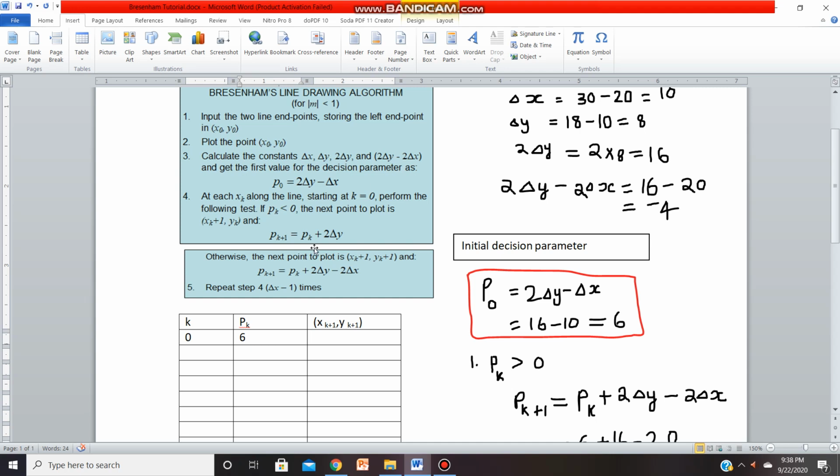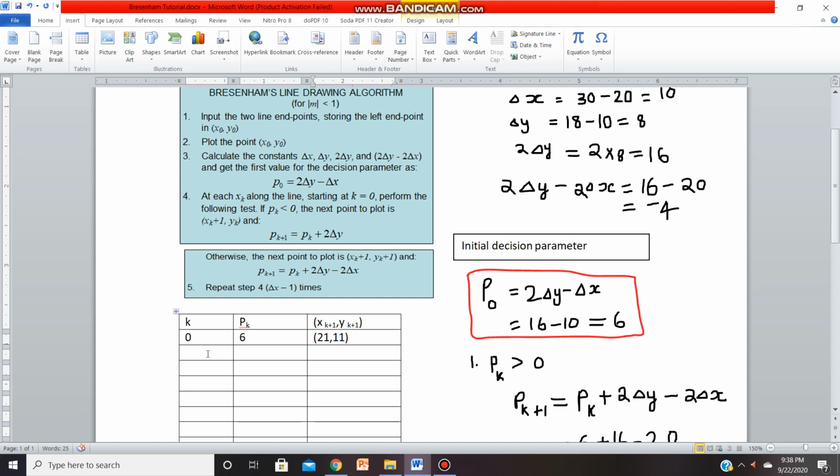Bresenham's algorithm states that when Pk is positive, the next point to plot is xk plus 1, yk plus 1. We started from the point (20, 10), so the next point to plot will be (21, 11).